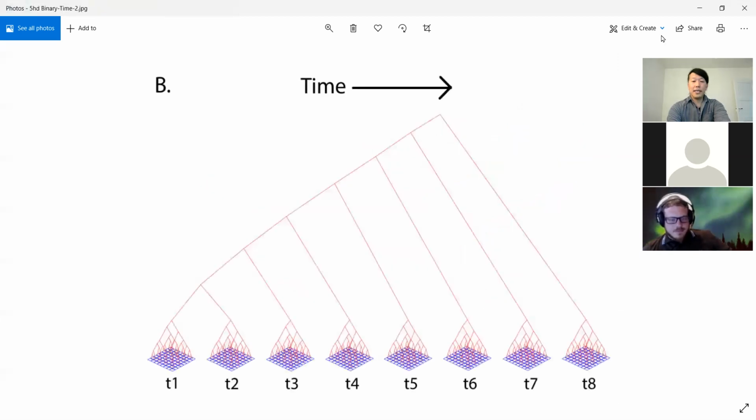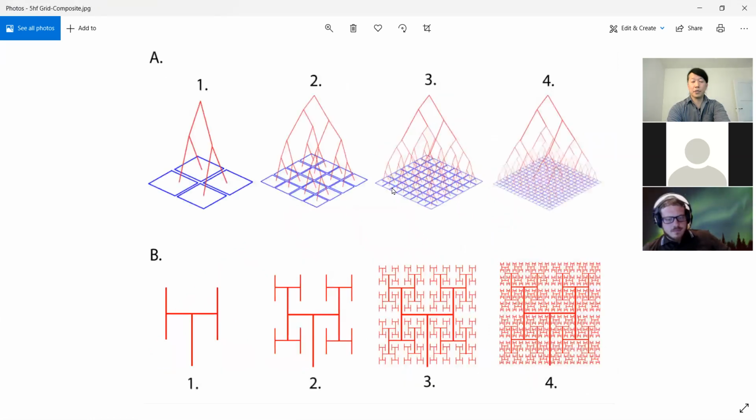So in abstract, I can use these unbalanced binary trees to represent time, and these frames can represent patches of cerebral cortex, or this grid can represent the entire cerebral cortex. So it's fractal.